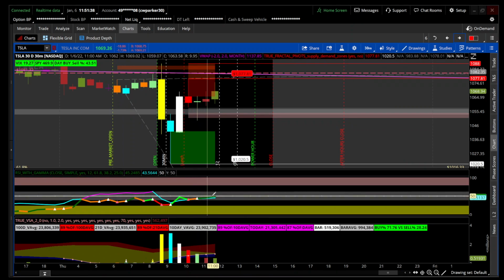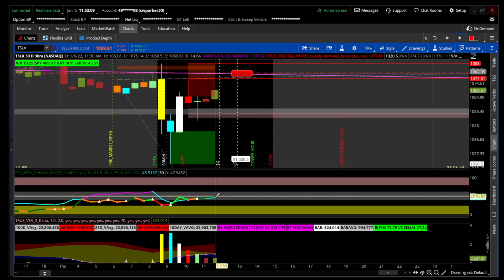RSI is rising, but gamma is rising with it, and for me, that's a negative confluence because you don't want gamma rising as RSI rises. You want gamma going down as RSI rises, which is a divergence between the two. But right now they're confluent, and gamma represents fuel or fractal energy for the stock, and it's rising too.